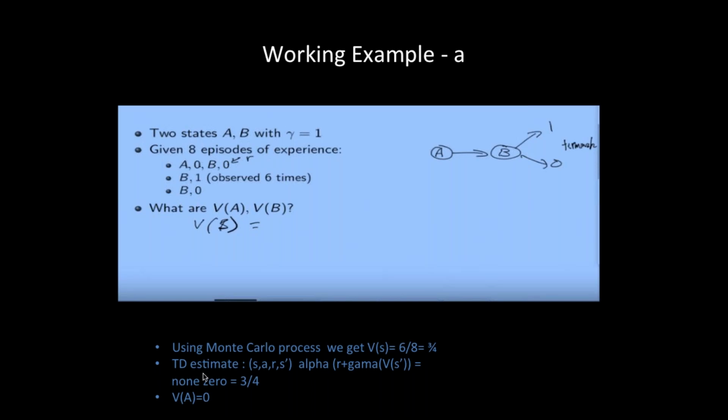VA is only one step, it is not going anywhere, so basically it is 0. And if it is TD, with the same formula, this guy is taking only one step, so this is also 3 by 4, the same 6 by 8. In this case there is only one step, so both of them are the same.